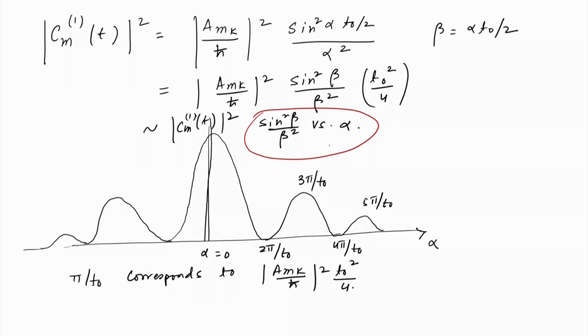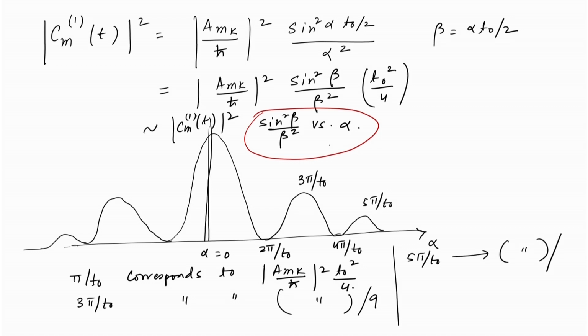So, 3 pi by T 0 corresponds to this entire thing divided by 9, and at 5 pi by T 0 it corresponds to this entire thing divided by 25, and so on.